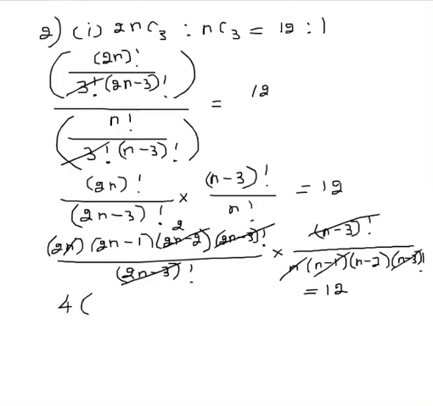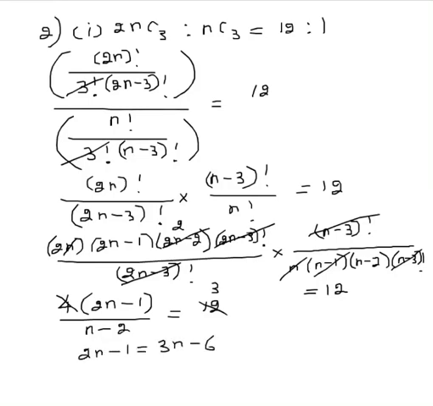So we have 4 times 2n minus 1 divided by n minus 2 is equal to 12. Cancel 4. Now cross multiply. 2n minus 1 is equal to 3n minus 6. Therefore, n is equal to 5.